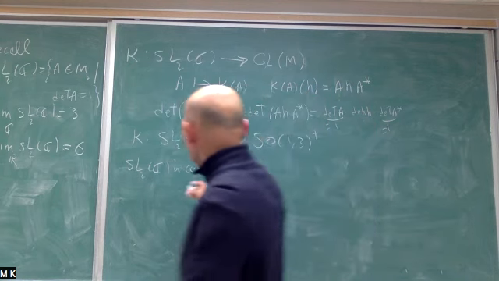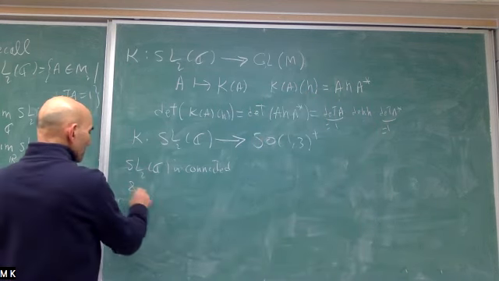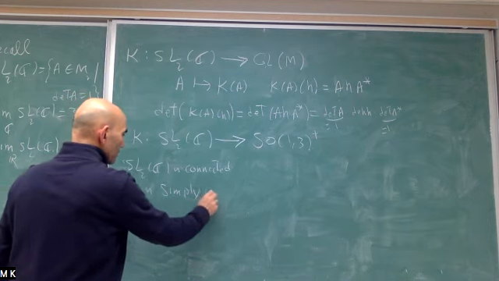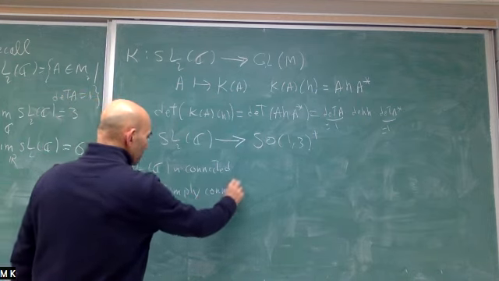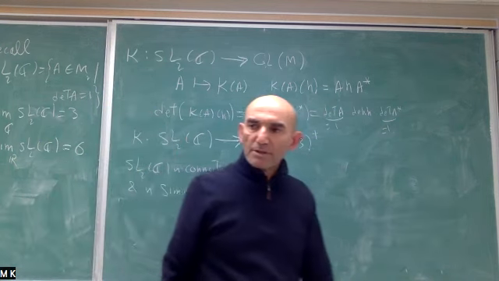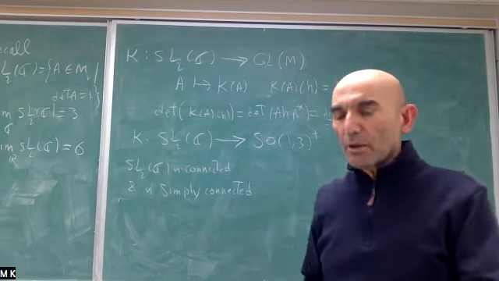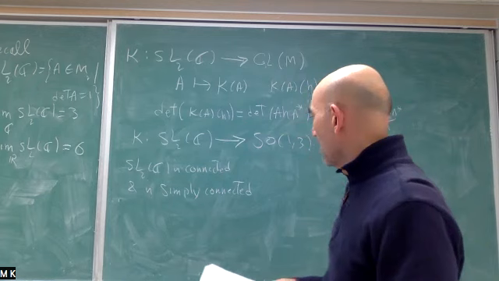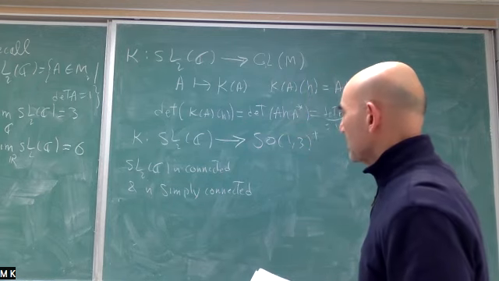Now, this SL2C also is simply connected. I may give a proof of this today, or I can show you how to prove it after the talk. But we just accept it now. It's simply connected.